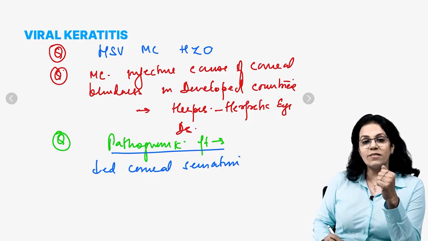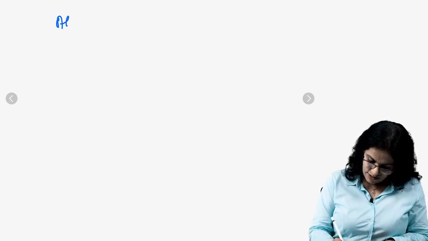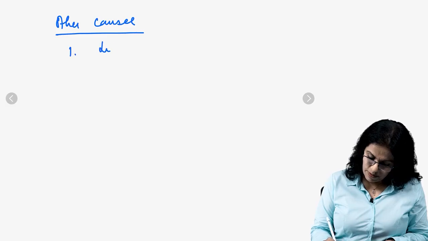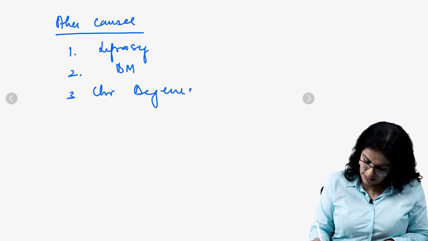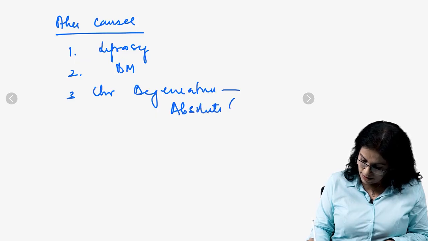What can be other causes of decreased corneal sensation? Let's write other causes. Revise with me. Leprosy, number one. Apart from viral keratitis, then I said diabetes, then chronic degenerative conditions in the cornea, like absolute glaucoma, phthisis bulbi, and so on.